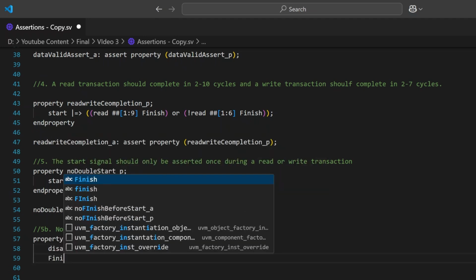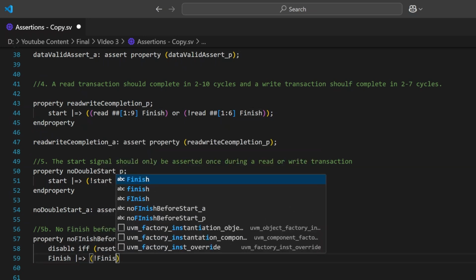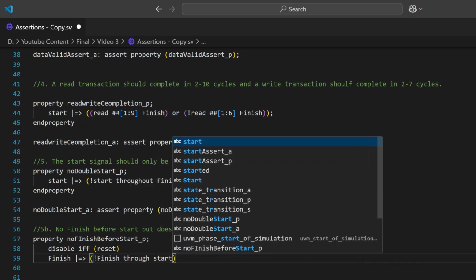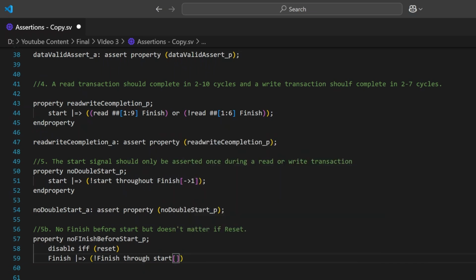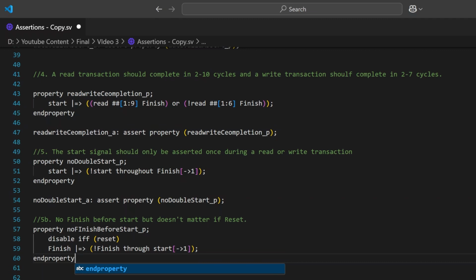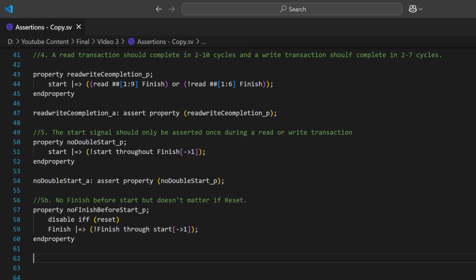Then I will write the property. Now, when the finish is asserted, then on the very next cycle, the finish should remain deasserted until it sees start. I will write the assertion check.